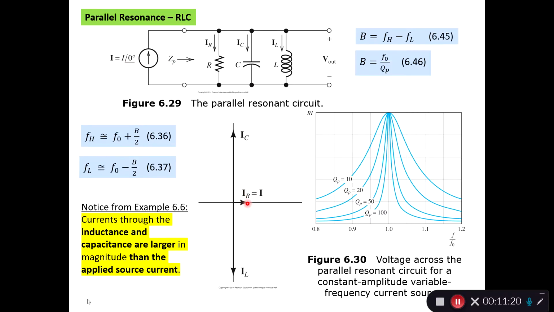So the source current will run in the resistor, but a quality-factor-higher current will run in the capacitor, and similarly, a quality-factor-higher opposite current will run in the inductor. But due to the currents in the capacitor and inductor being opposite, they will cancel out, and effectively we will only see that the source is delivering the current to the resistor.